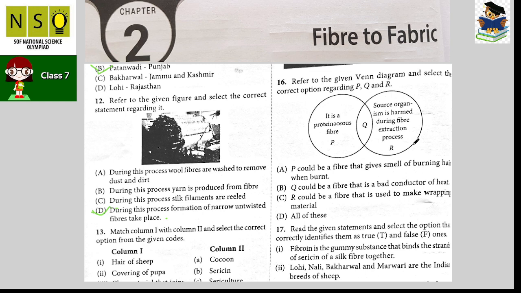R is the source organism is harmed during the fiber extraction process, and Q is the common part between P and R. So we have to identify the option: what does P mean, what does Q mean, and what does R mean. From the Venn diagram we can find that P is wool, Q is silk, and R is jute. So the correct option is all of these.